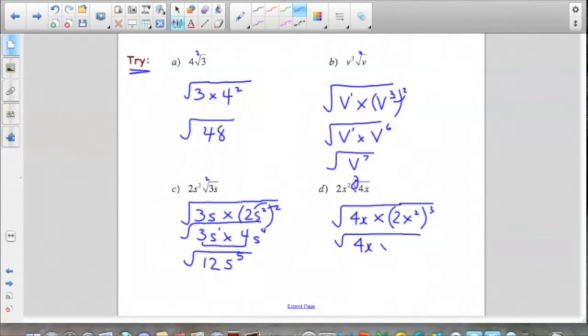We now cube 2, which was 8, and we multiply those two to get 16. Now we just do some more tidying up, multiply those two to get 32, we add those two to get x to the 7th, and make sure we put our index in our answer, because it is an index of 3. All right, so that's that topic. So let's move on.